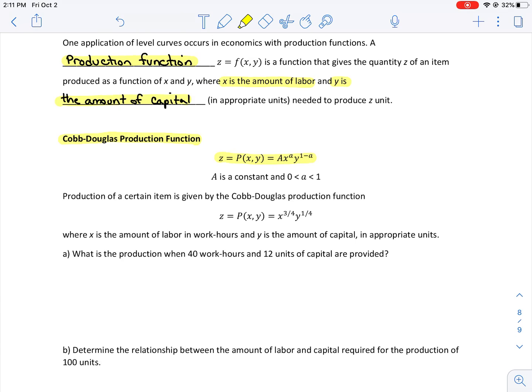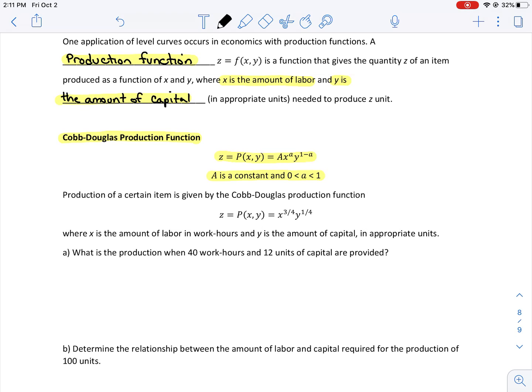And that is z is equal to capital A times x raised to the lowercase a power times y raised to the 1 minus lowercase a, where capital A is a constant and lowercase a is between 0 and 1 but cannot equal 0 or cannot equal 1.